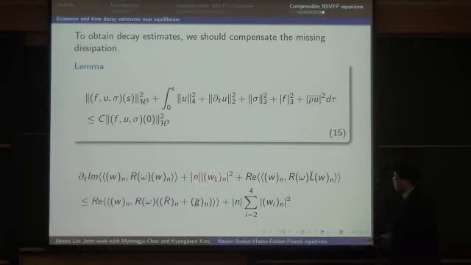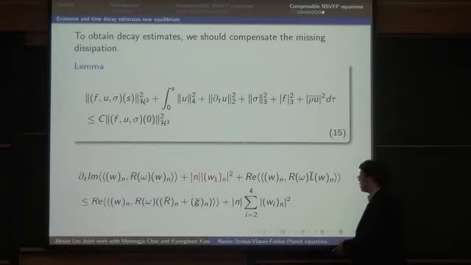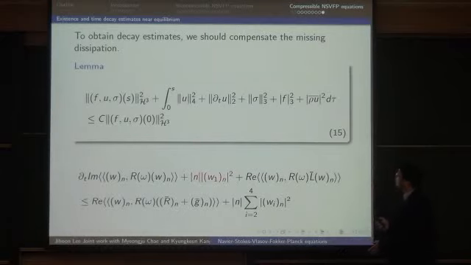There are some other terms, but they can be controlled by the previous lemmas, and only the missing dissipation is here, so we can control the missing dissipations. Then we have exponential decay, and this is the end of the proof.